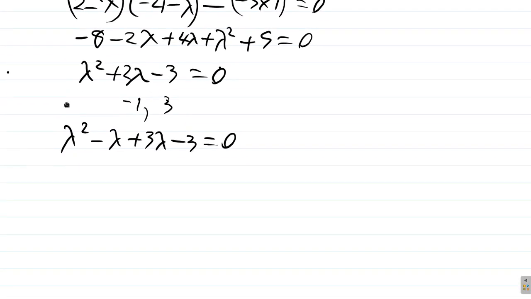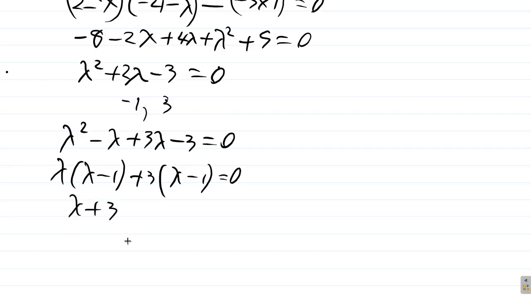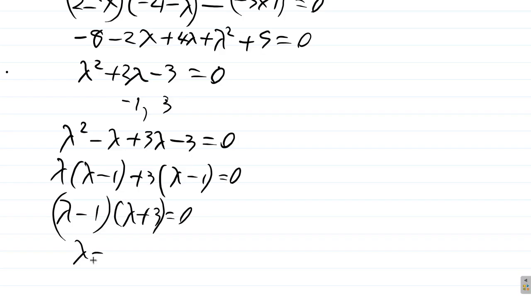Okay. Factorizing by groups. Now, you have lambda, lambda minus 1 plus 3 in the bracket, lambda minus 1 equals 0. So lambda plus 3, let's put the lambda minus 1 first outside the bracket. So you have lambda minus 1, lambda plus 3 equals 0. So lambda is equal to 1 and lambda is equal to negative 3.